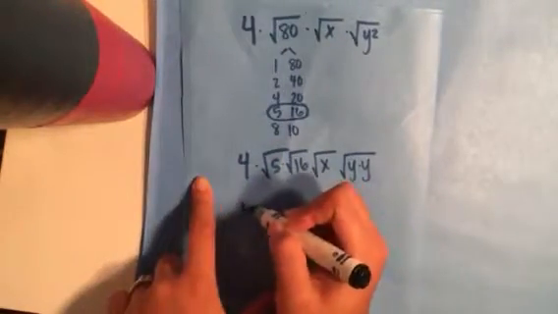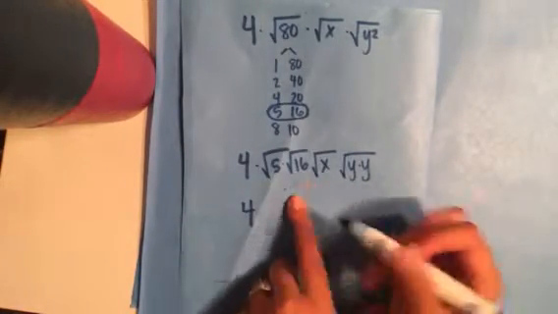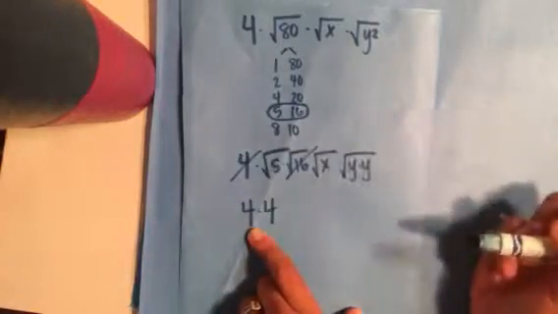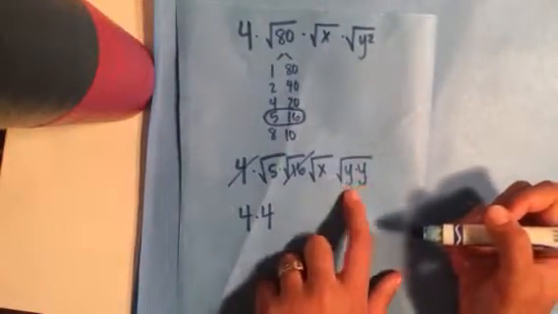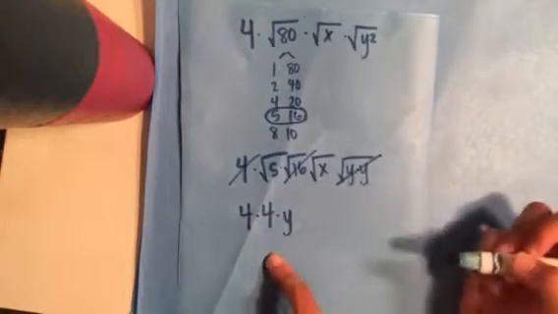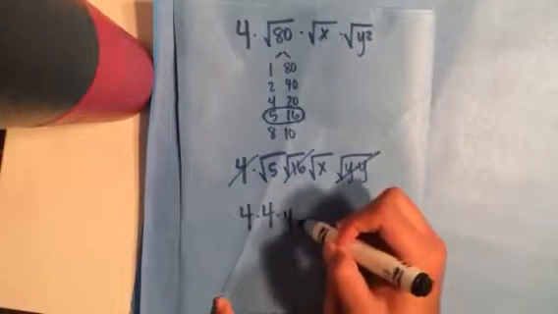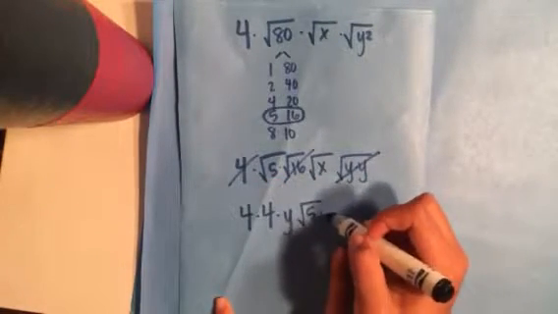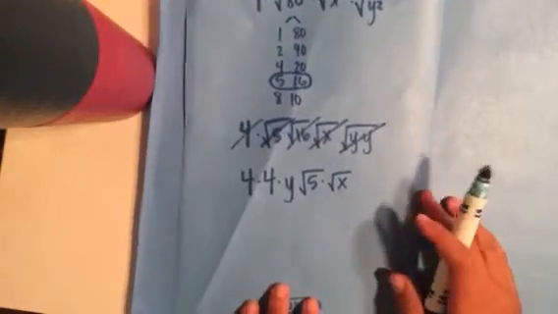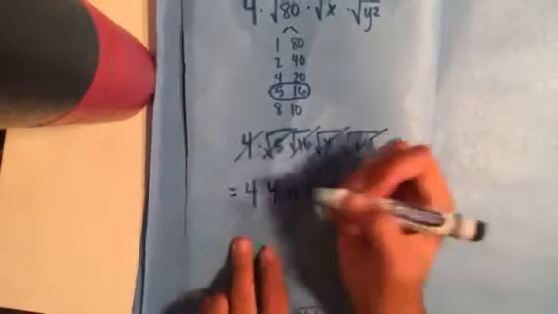So we ask ourselves again, can we simplify here? So we'll keep our 4. We can take the square root of 16, so that is 4. So taking care of that, taking care of that. We do see a pair of variables here, so we can bring them outside of the radical. And then we can't do anything with root 5 and root x, so we'll just leave those two terms. So now we just need to combine any of our like terms and just make this thing look more simple.